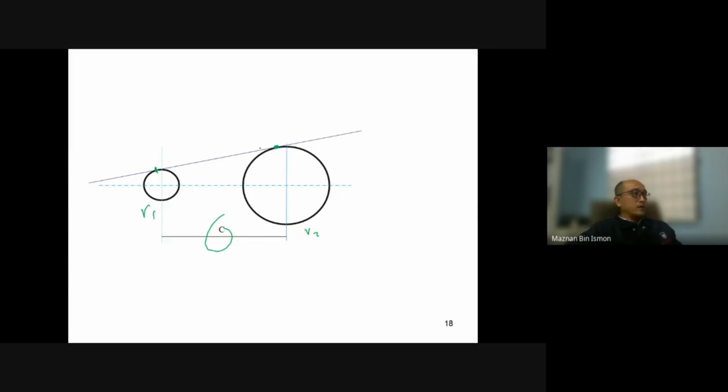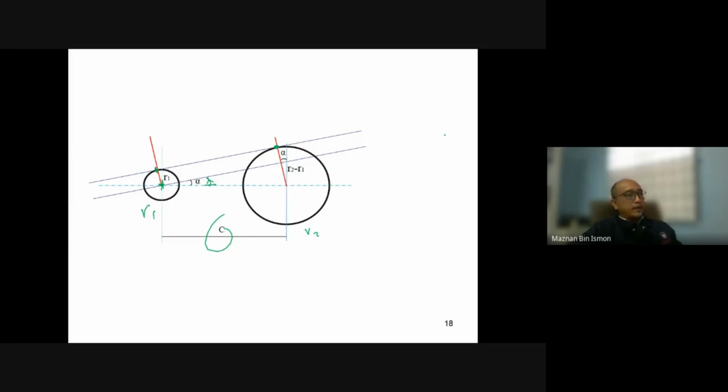So this is the C actually, and alpha is the angle from the horizontal to the line parallel to the belt. So I draw another line from the center to this one. Okay?